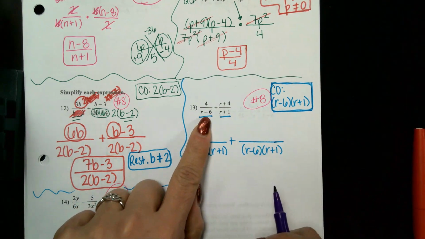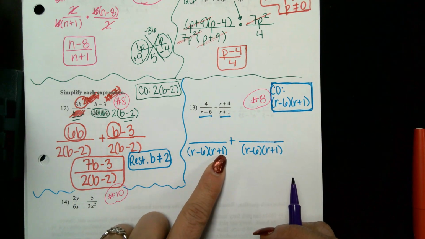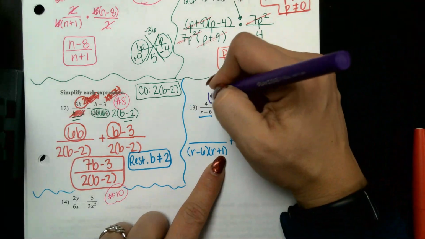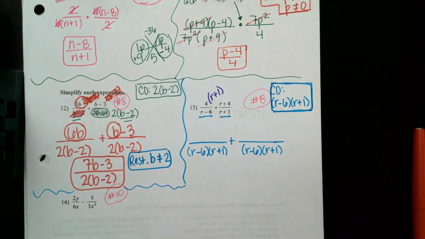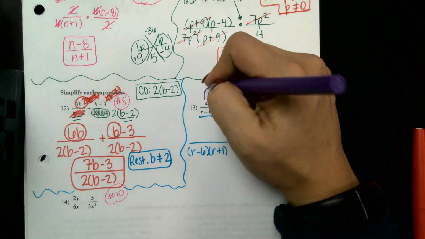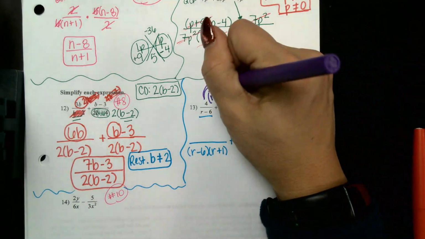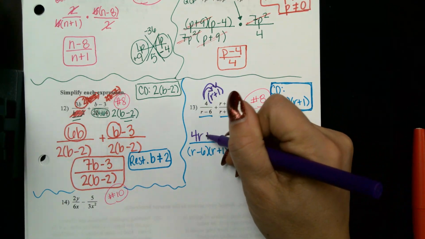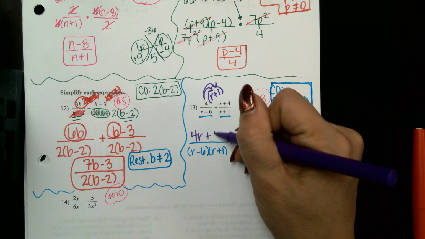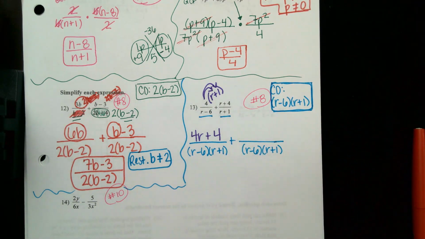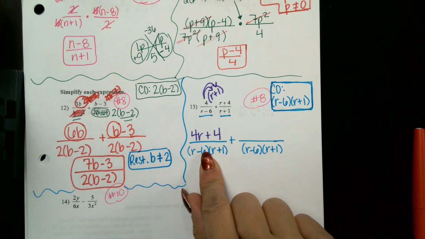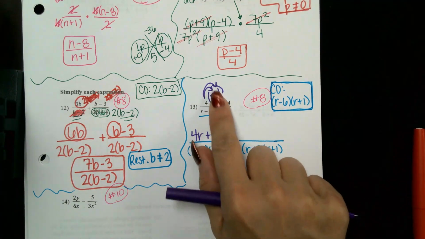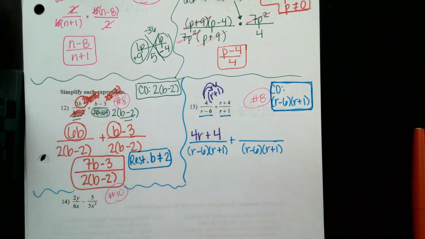This was just r minus 6, so wasn't it missing the r plus 1? So that's what I'll end up multiplying that numerator by. Well, isn't that just distribute? So we can just do 4 times r and 4 times 1. 4r plus 4. So whatever the bottom was missing, that's what we multiply the top by. And that's just 1 term times 2 terms, so we distribute.